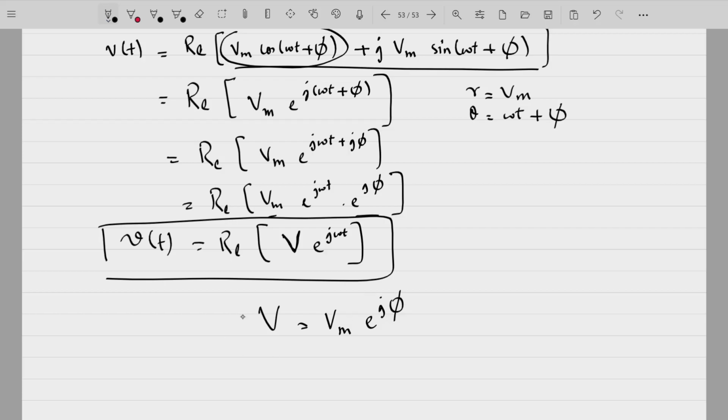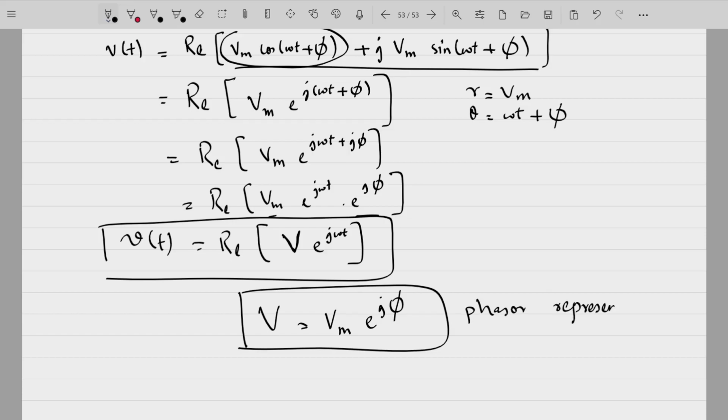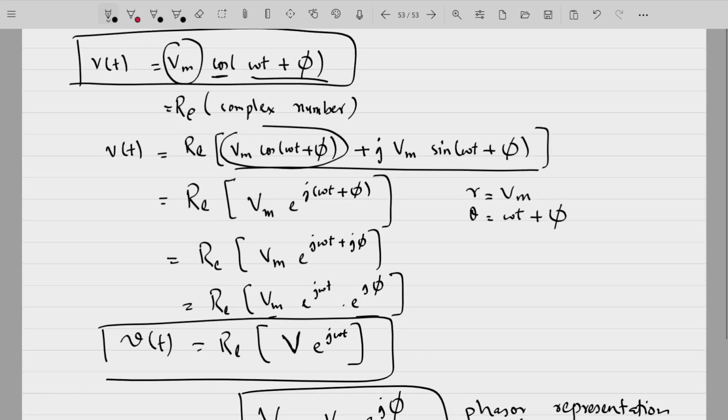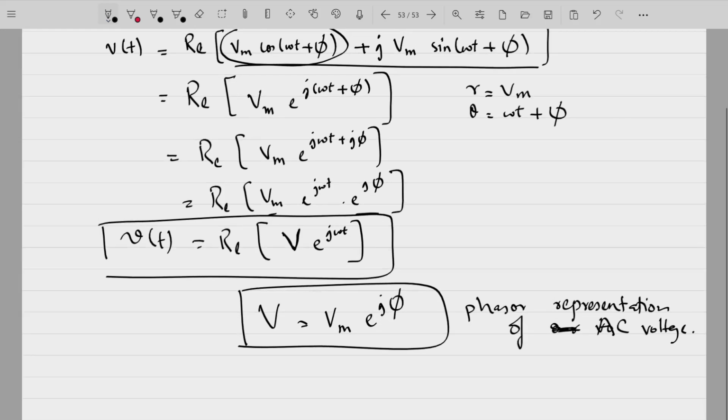Now this capital V is the phasor representation of our AC voltage. Vt equal to Vm cos of omega t plus phi is the sinusoidal representation. Capital V equal to Vm e raised power j phi is the phasor representation of our AC voltage.